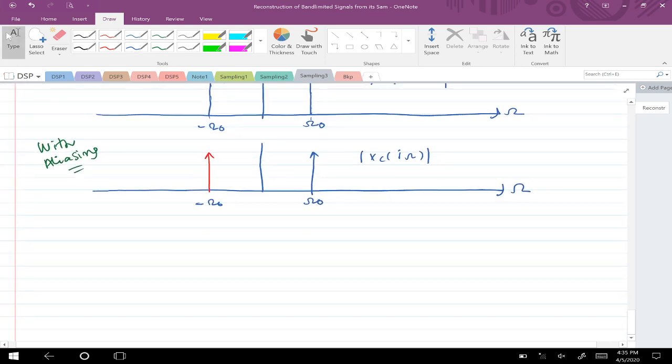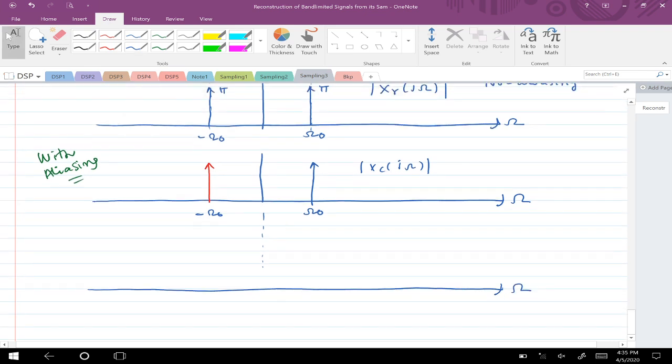Now next what I would like to draw is the magnitude of Xs of j omega. So what would happen here? This anyway would be here at omega naught.